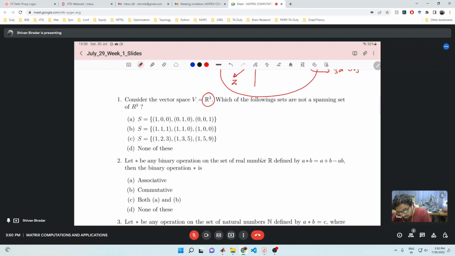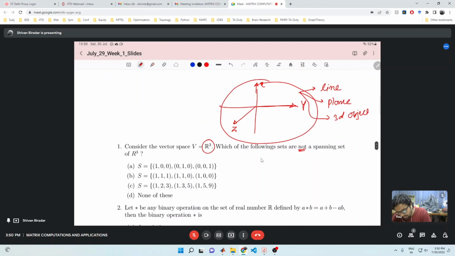So we have: which of the following sets is not a spanning set? Remember this: (1, 1, 1) would mean that X is 1, Y is 1, and Z is 1. So that point would be somewhere here.